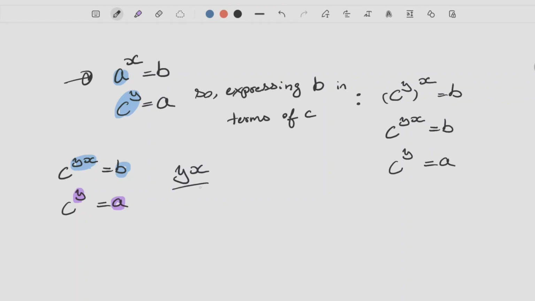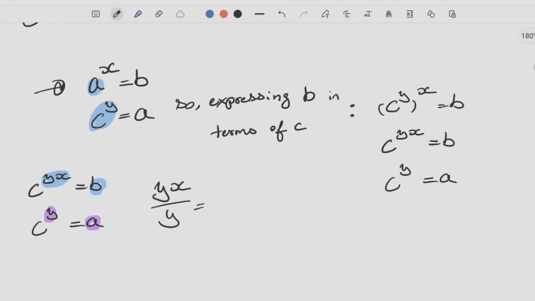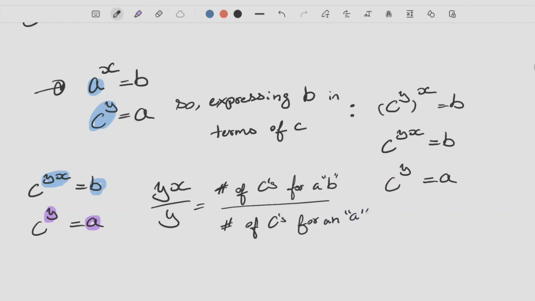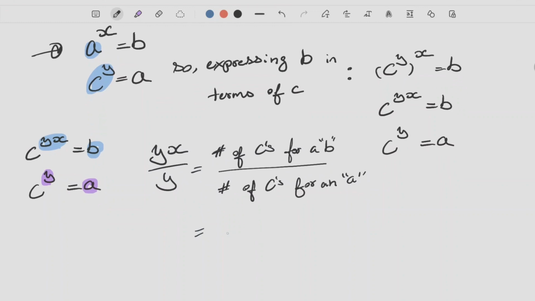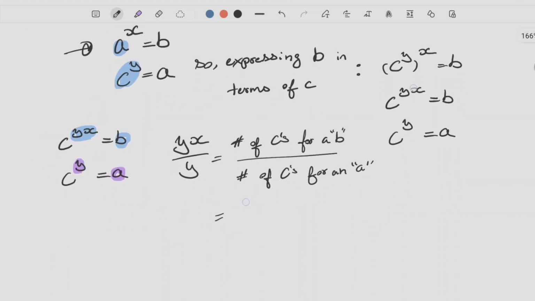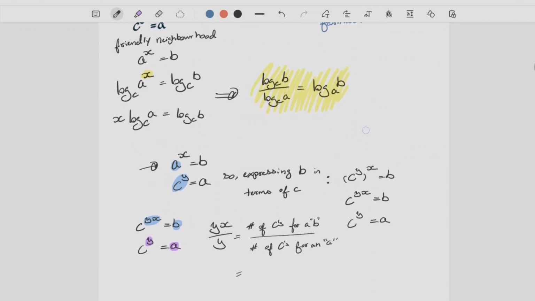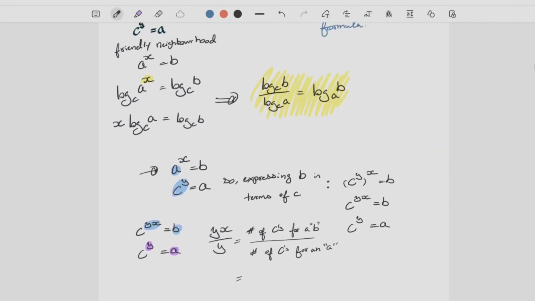So yx over y is just saying number of c's for a b, over number of c's for an a, which gives us, actually, this guy right here.